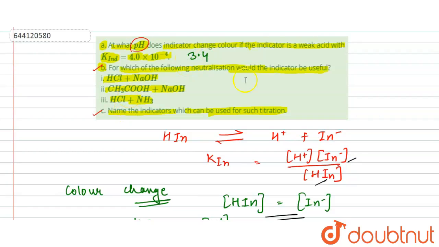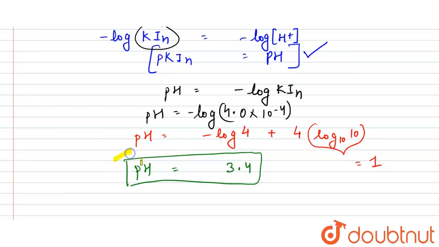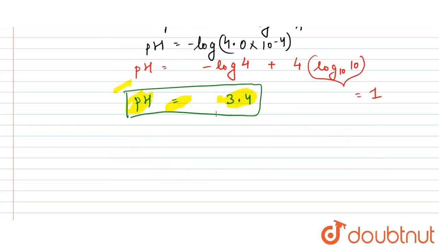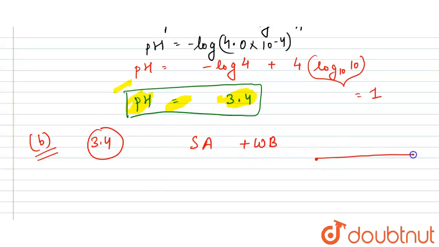This was our A part. Now let's solve the B part. For the first, we have our answer 3.4. Now in the second part, we want to see which neutralization will be suitable for pH 3.4. On the pH scale from 0 to 14, 7 is neutral, above is basic and below is acidic.